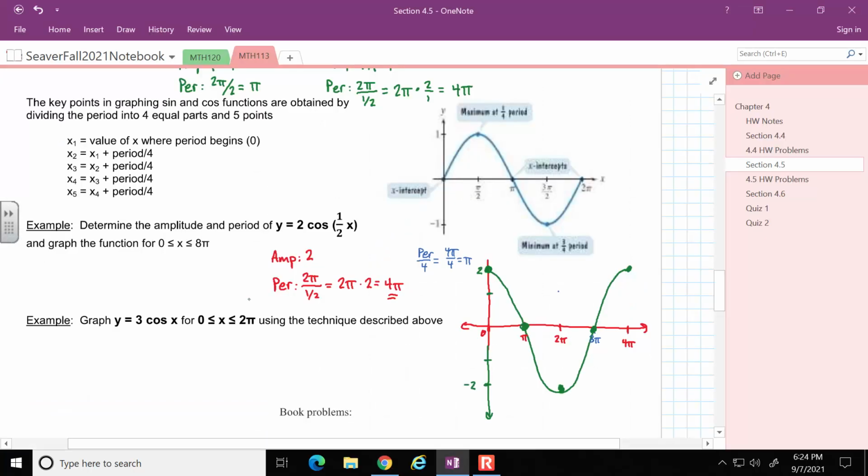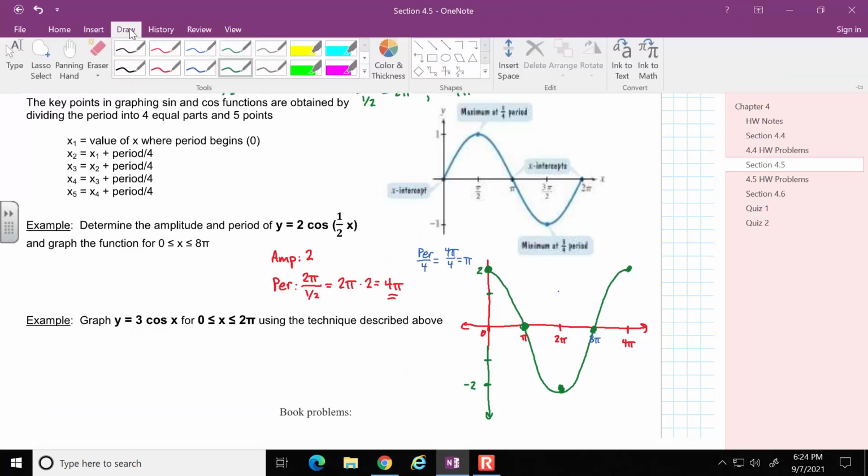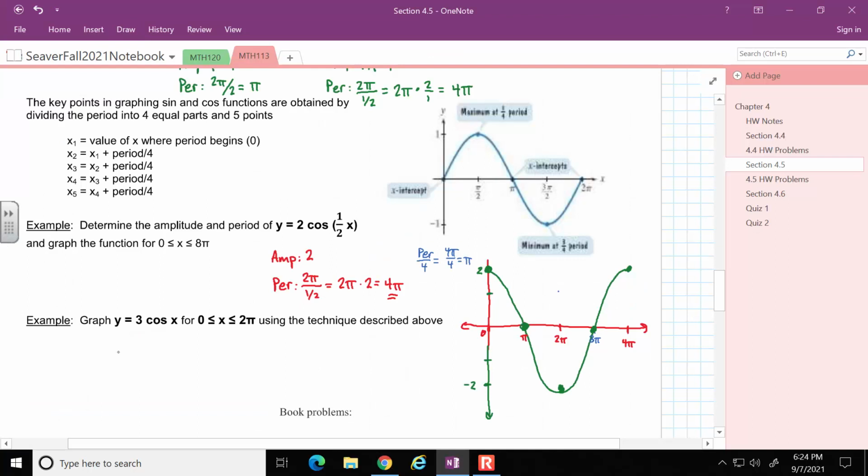So we could do that again. y equals 3 cosine x. Guess what? It's just a little bit different. If we wanted to draw it, we could do the same thing. We could say, all right, 3 cosine x between 0 and 2 pi. In this case, our period is 2 pi. So there's my 2 pi. My amplitude is 3.